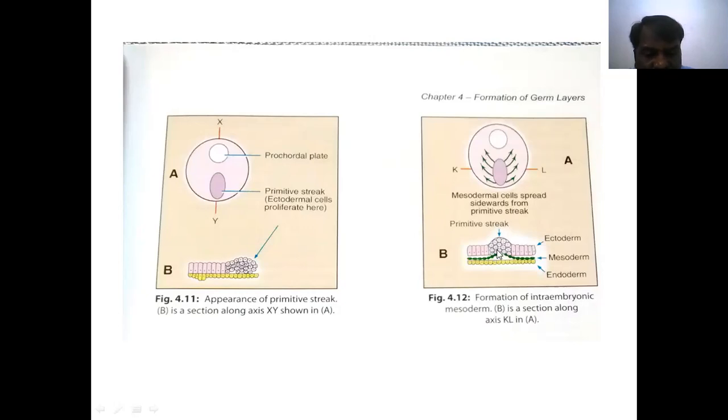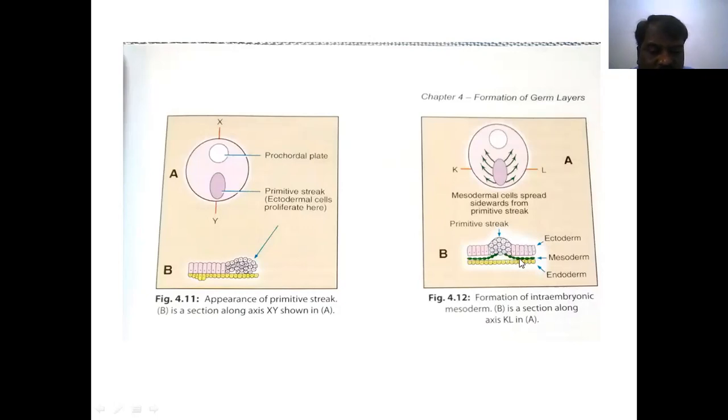How does it form from the primitive streak? Some specialized cells at the tail end of the embryo, the ectoderm cells, proliferate to form specialized cells. The cells enlarge and are pushed to the amniotic cavity. Then it forms the primitive streak. These cells make other specialized cells and push either side between the ectoderm and endoderm.